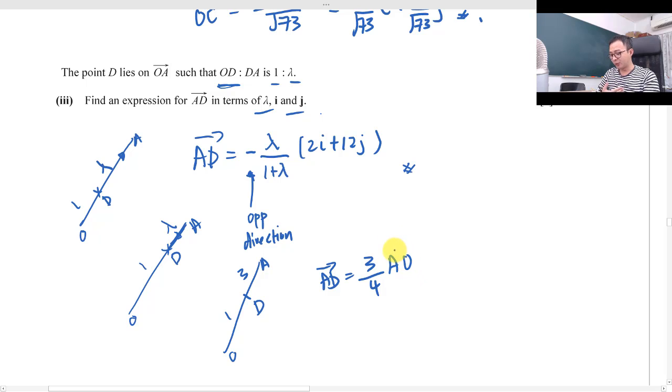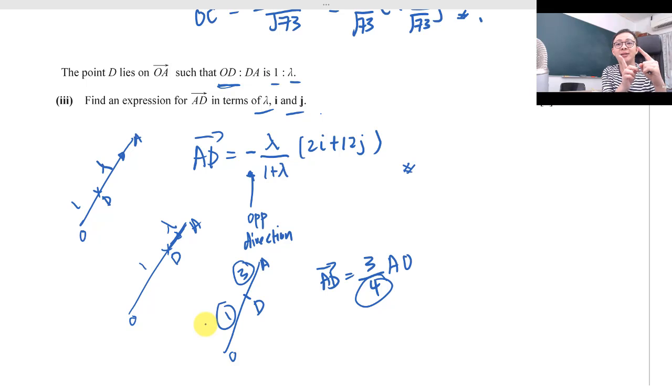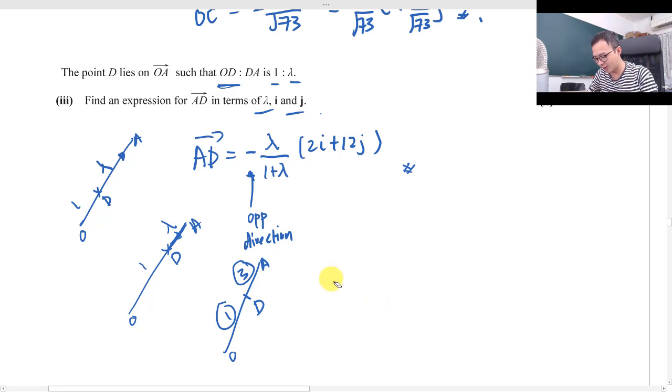How do I get the 4 here? I take 3 plus 1. So the logic is still the same. The part AD is lambda and AO will be lambda plus 1. So I will say lambda over lambda plus 1. This is the easiest way of understanding it.